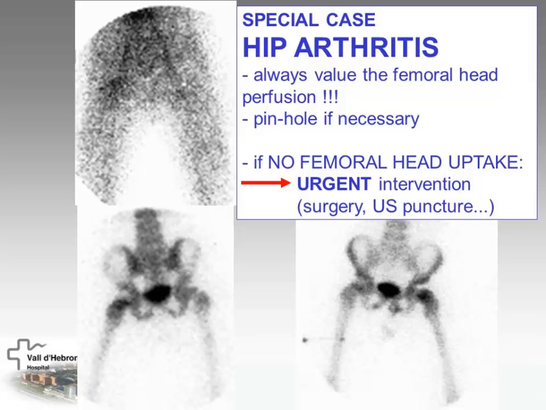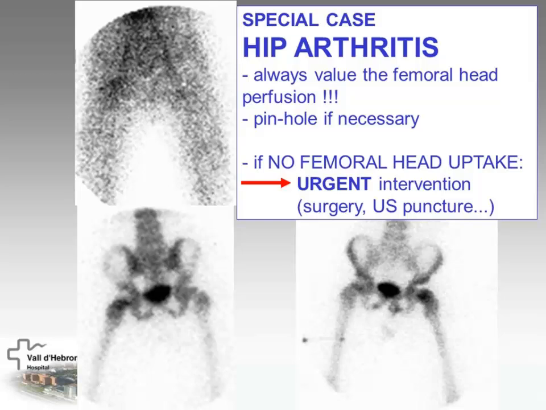And this is an emergency for the traumatologist, because he has to intervene and has to diminish the pressure inside the articulation. This can also be due to a septic embolism, but the theory of the increased pressure inside the articulation is more accepted.